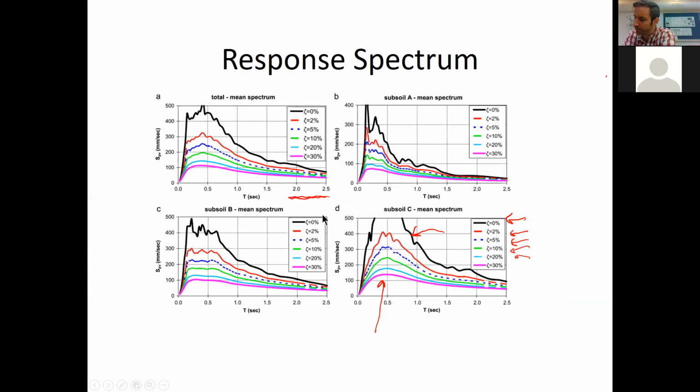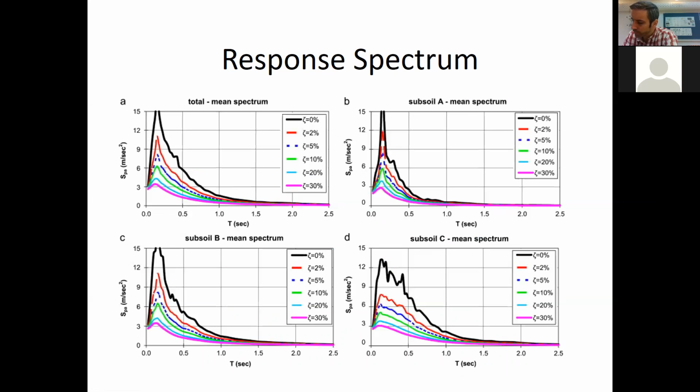But if we look at the speed, we get that for very high values, the pseudo speed is almost zero always, okay?